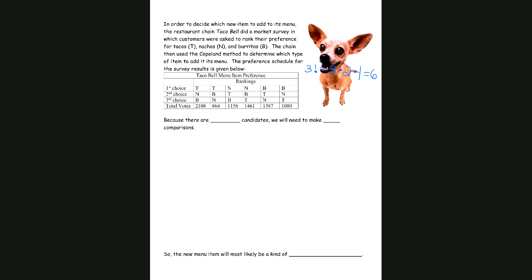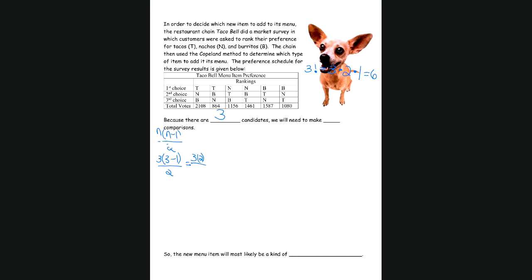So because there are 3 candidates, how many comparisons do we need to make? Well, let's use our formula from before. Remember, our formula is n times n minus 1 over 2. So that's going to be 3 times 3 minus 1 over 2. 3 minus 1 is 2, right?